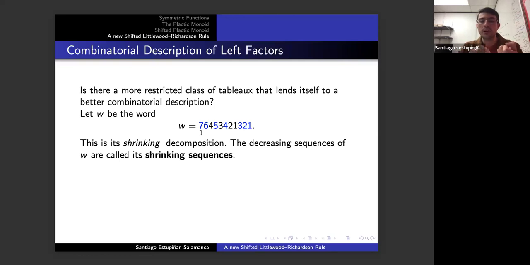So you append to the sequence 6, then 5, then 4, and so on, until you get to 1 or until you can find no more integers. Then you repeat the process with the longest element of the remaining letters. So in this case, the longest element would be 4, and you continue with 3, 2, and 1. So in this case, you have two blocks, the blue block and the black block. Each of these blocks is called a shrinking sequence.